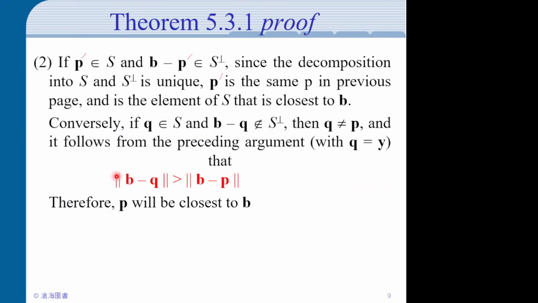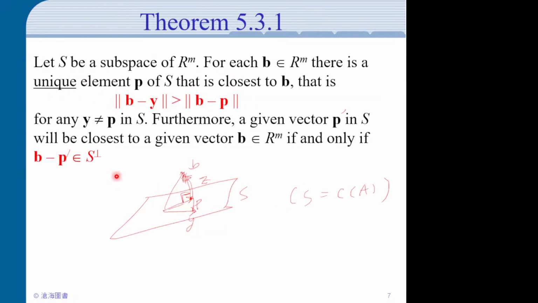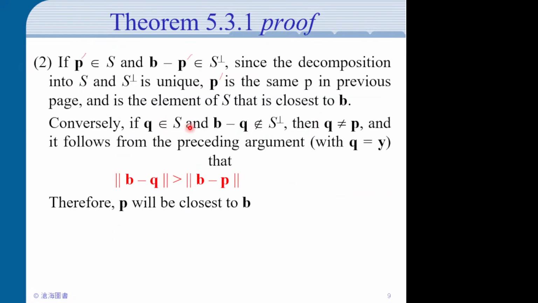Then for the other direction of the if and only if, we can do a similar argument. You have some Q in S such that b minus Q is not in S dual. Then obviously Q is not equal to P, because we know P satisfies this and is in S dual.